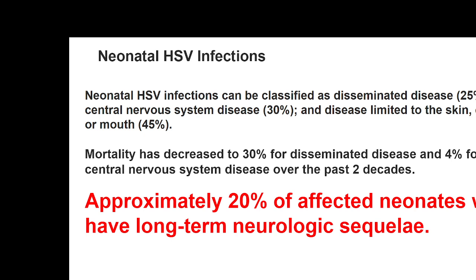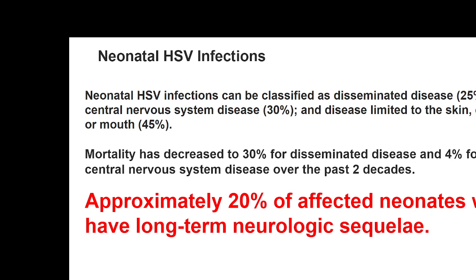Rarely they may be limited to the skin, eyes or mouth. Mortality has decreased now due to the program of identification of the lesions, and perhaps the eradication program that involves HSV examination in antenatal care.